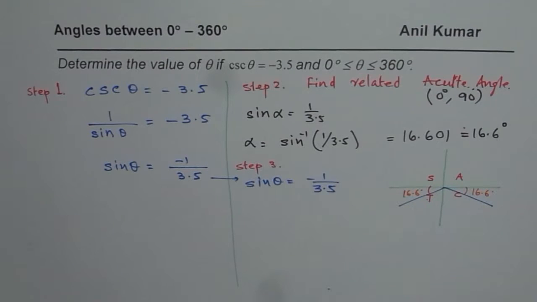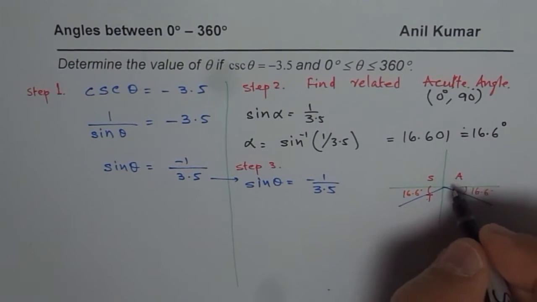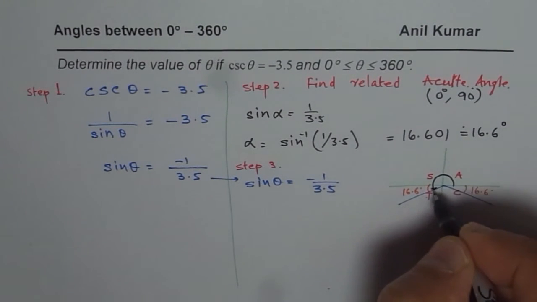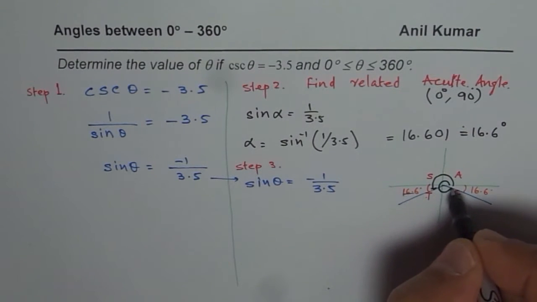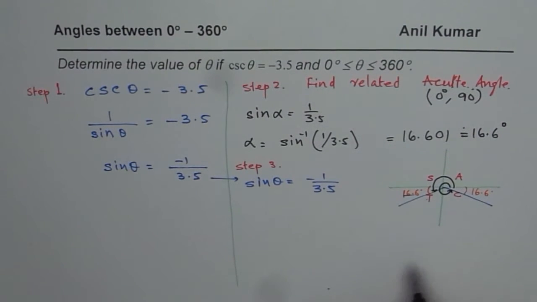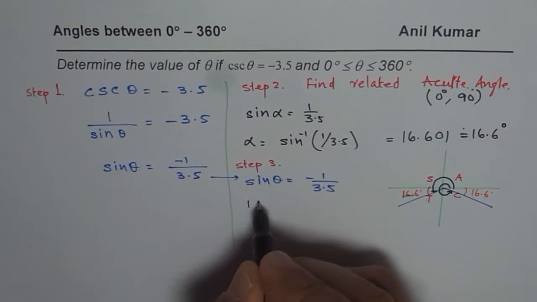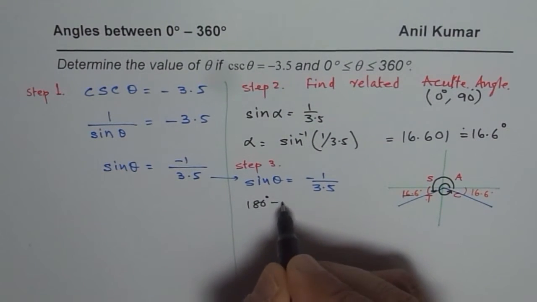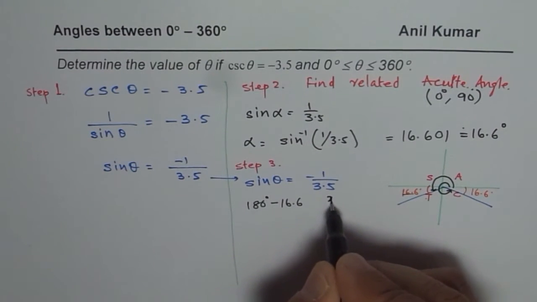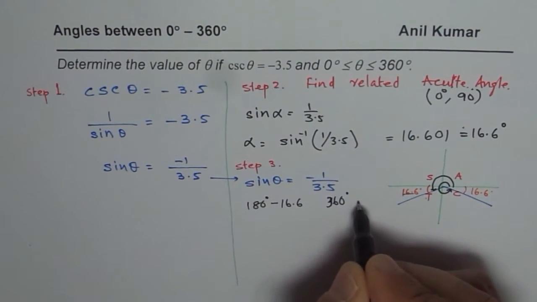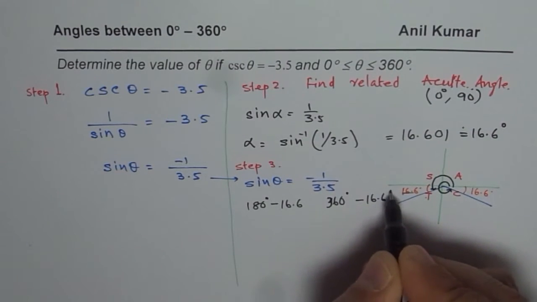That is your answer, right? We get 2 principal angles. One is 180 plus 16.6, and the other is 360 minus 16.6, right?